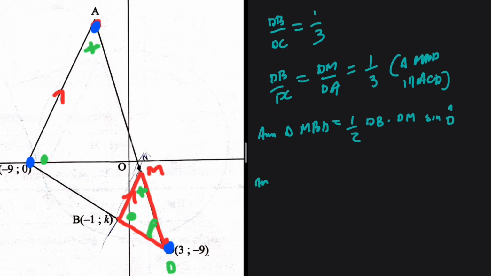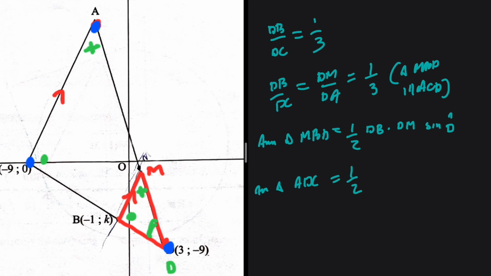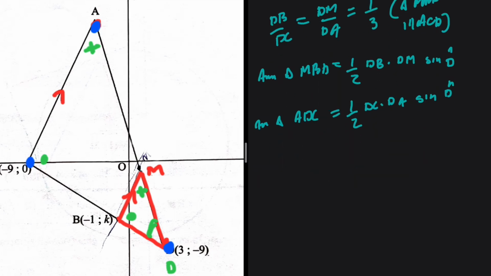And then as far as the area of triangle ADC is concerned, we can say half, and then we use DC and DA, and then we take sine of the same angle because it is the same angle that is sandwiched by those two sides.